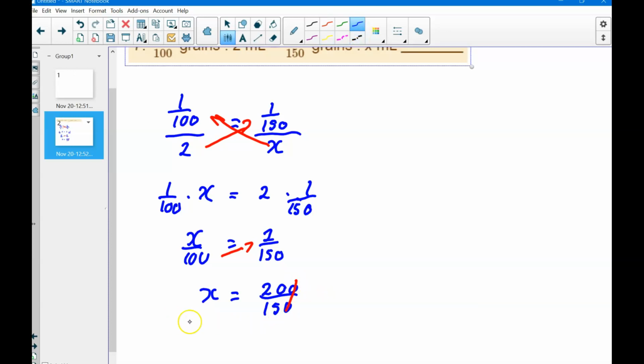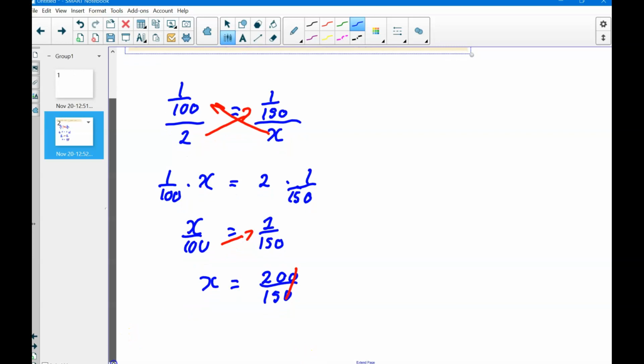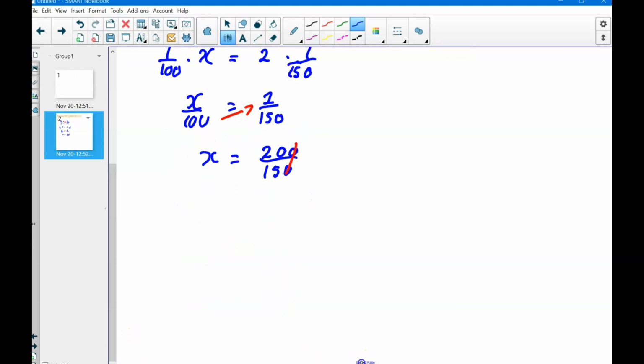That breaks down into 100 times 2. That comes down into 20 over 15. Simplifying it again, because we're all experts at that now. 4 over 3, yep. Which is also equal to 1 and 1 over 3.